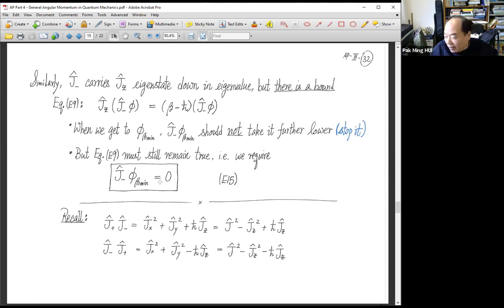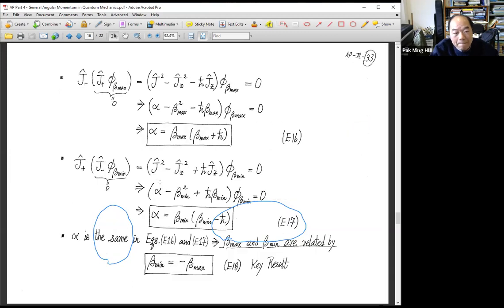All right. The next step: when we do the commutation relation, we have these relationships. Okay. We will be using it now. So, by definition, there's a maximum Z component state. When I operate J plus on it, it gives 0.